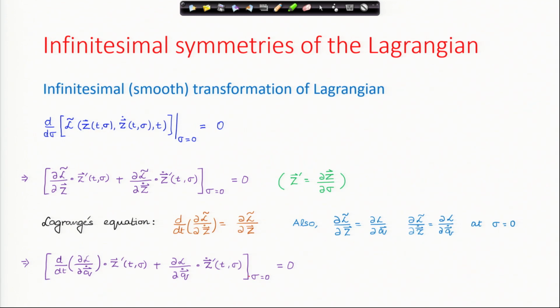I am still writing the sigma equal to 0 outside the bracket, but at the back of my mind I always have that ultimately I am going to put sigma equal to 0. Therefore, I replace ∂L/∂z from here, and ∂L/∂ż is nothing but ∂L/∂q̇, which I have written here, and d/dt of that.